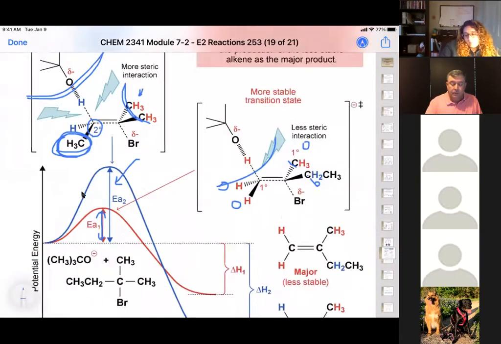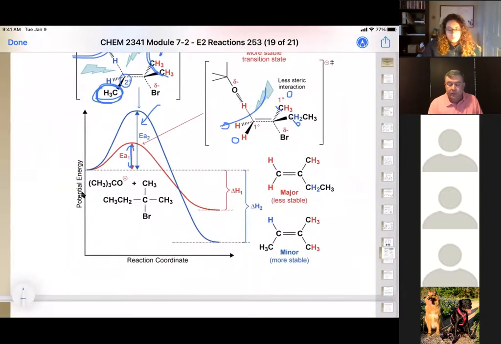Okay. So if we use that, we're taking a hydrogen off, and we're getting the less stable thermodynamic product, okay, because it's less substituted. So what does that mean? That in a Hofmann elimination, we have the kinetic product, but not the thermodynamic product. So this is a kinetically driven system, okay?